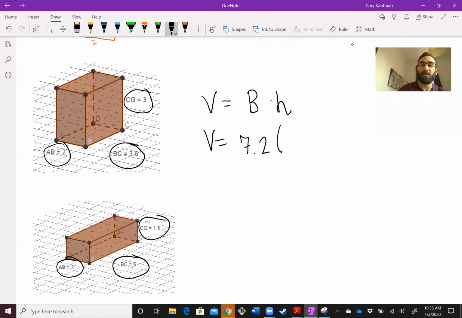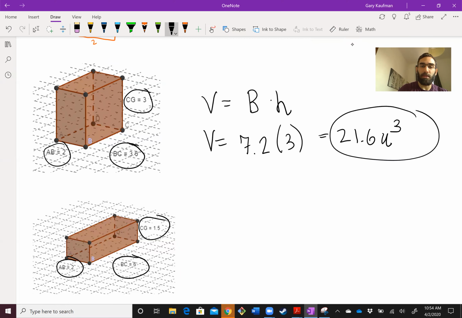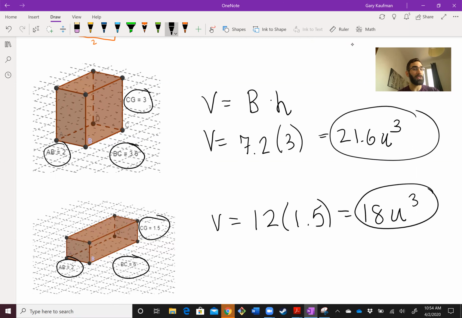That's the area of the base times the height, which is 21.6 units cubed. This one, the area of the base is 12 times 1.5, which is 18 units cubed. So again, having the same surface area does not mean that they have the same volume.